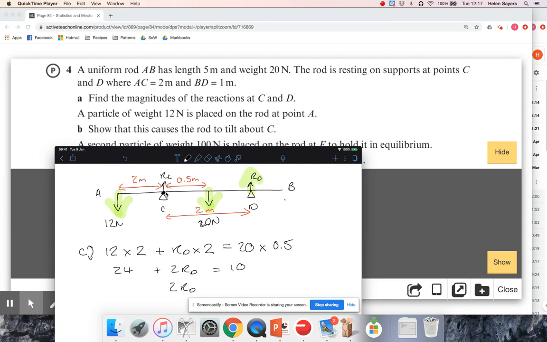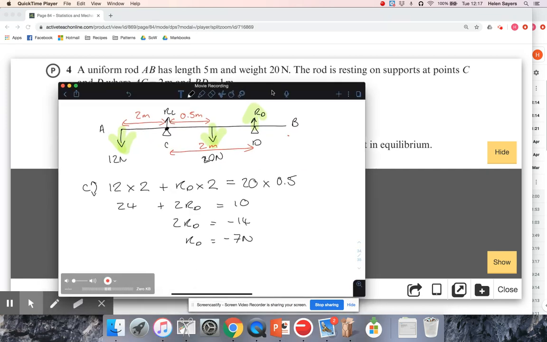So 2 times the reaction at D is minus 14, and then that's where we've got an issue, because that doesn't make sense. We can't have a reaction force of minus 7 newtons. Okay, so it's not possible.